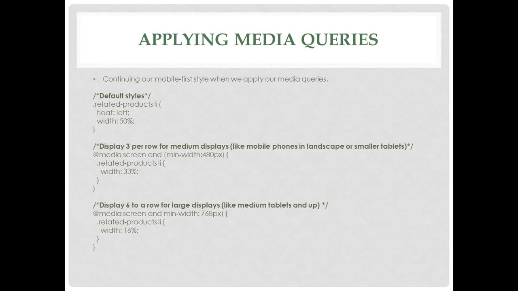And when we want to display 6 in a row for large displays like medium tablets, small desktops or large desktops, we can give the related products list element a width of 16%. So here we can avoid giving float equal to none for smaller devices. This will definitely reduce one line of code. And also we are just modifying the width for different screen sizes.